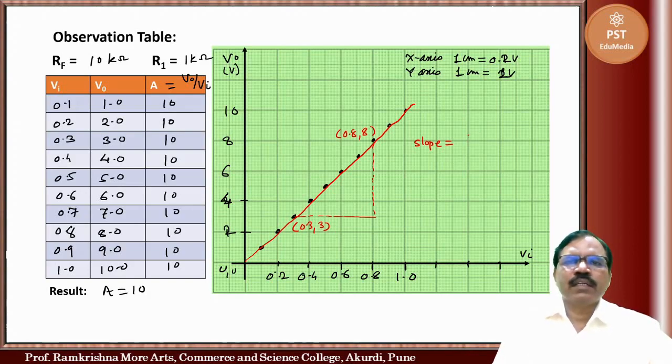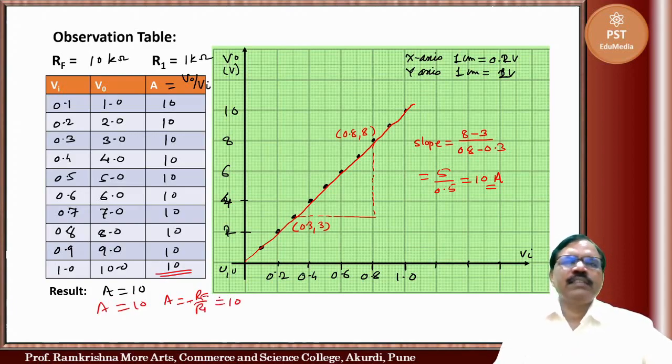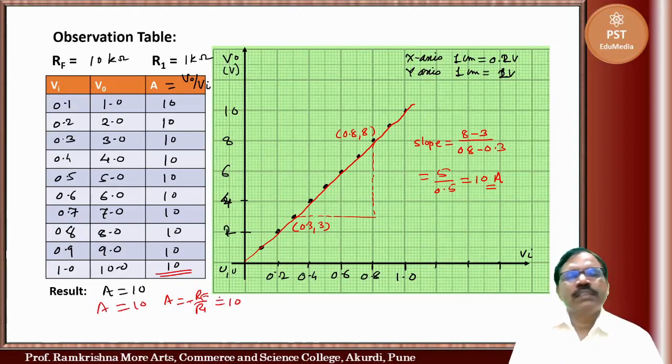So slope is y2 minus y1, that is 8 minus 3 upon 0.8 minus 0.3. So we get 5 upon 0.5, so it is 10, and this is the gain of the operational amplifier. So graphically we got A is equal to 10. By calculation, the average we got is 10, and theoretically A is equal to minus Rf upon R1, magnitude we will take, that is also equal to 10. This is the result.